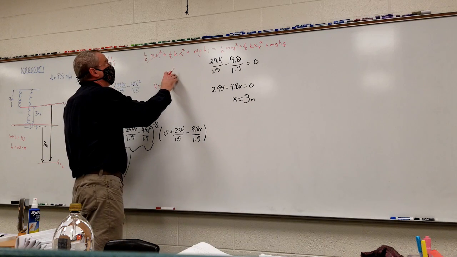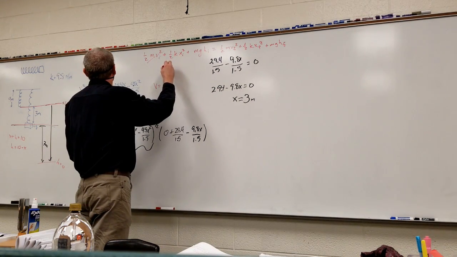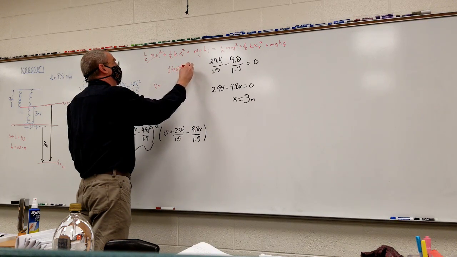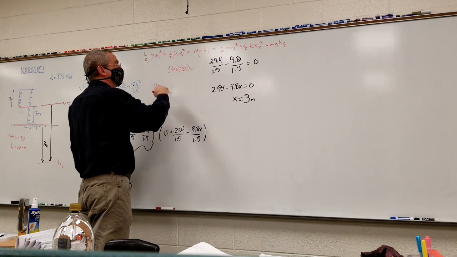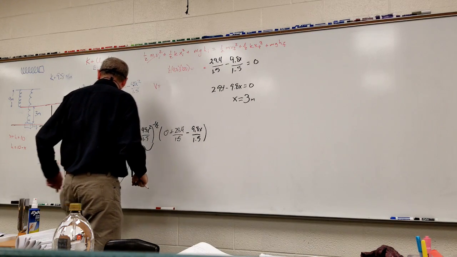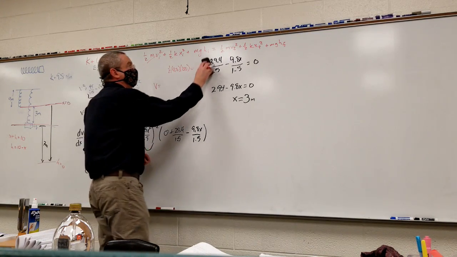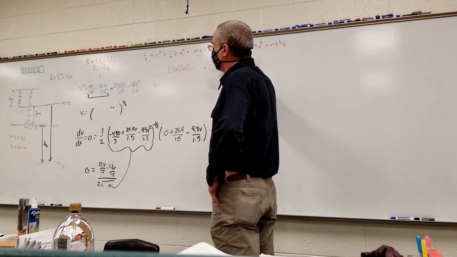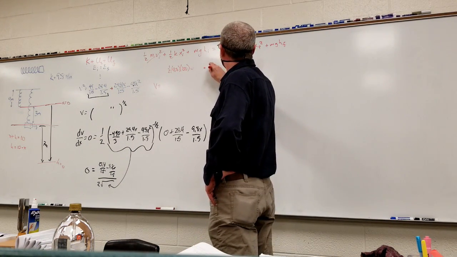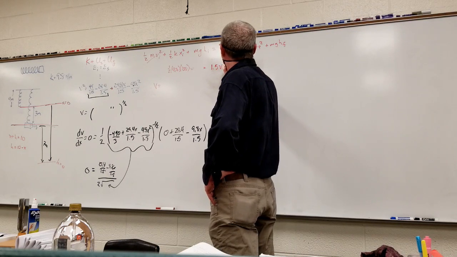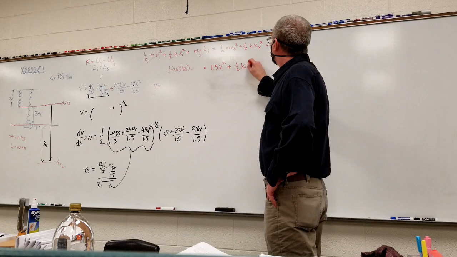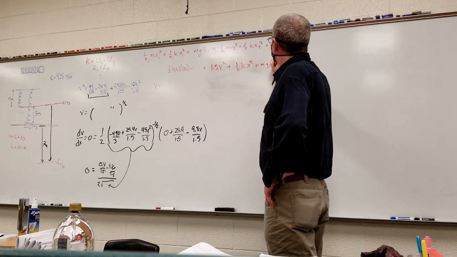This becomes 1/2 times 9.8 times 100, that's the total energy, equals, it was a 3 kilogram mass, so there's the 1.5 v squared plus 1/2 k x squared plus m g times 10 minus x.